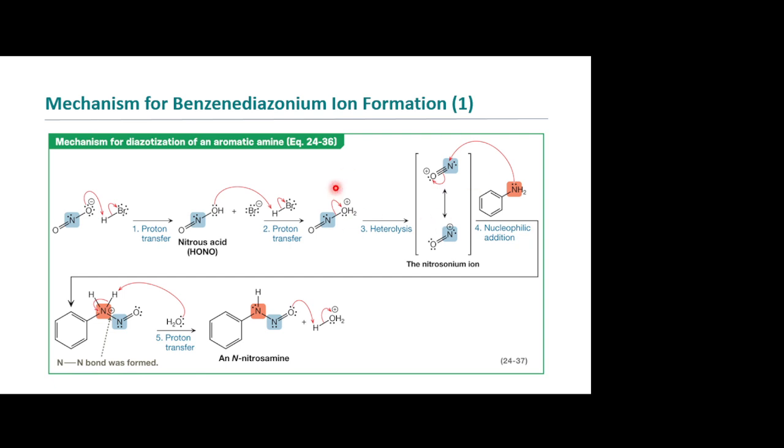Does that make any more sense? This wouldn't have worked on a dinitro because the nitrogen right here is positively charged. So we can't do this reaction on a nitro. That making more sense? Yeah.